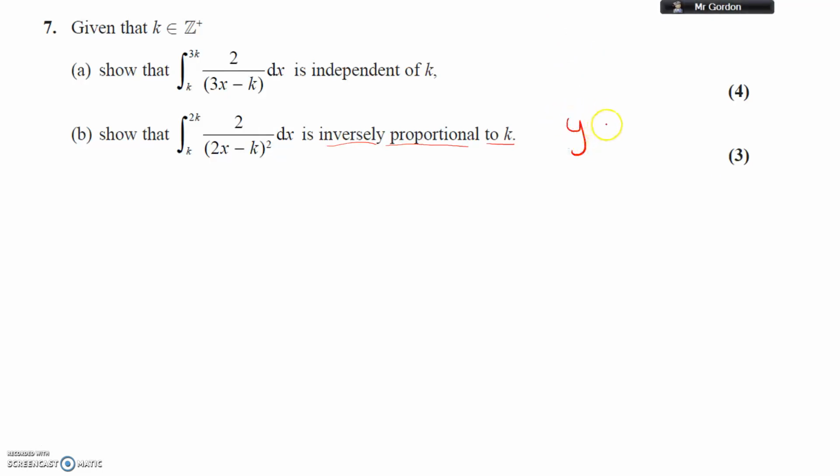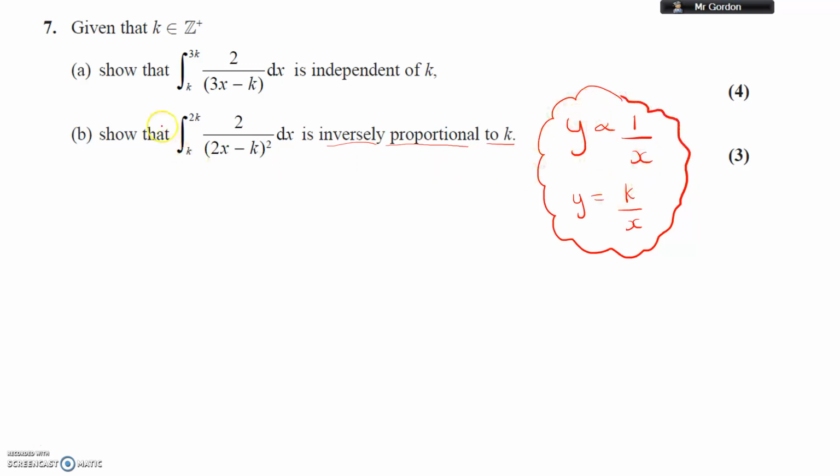We would say that y is inversely proportional to x, so y has an inverse ratio with 1 over x. So y would equal some constant k over x. That is giving us a bit of a clue. When we get the result of this, we'll see how that links to it being inversely proportional to k at the end.